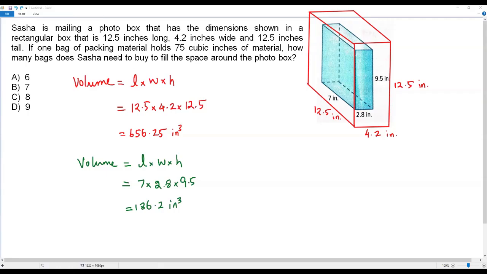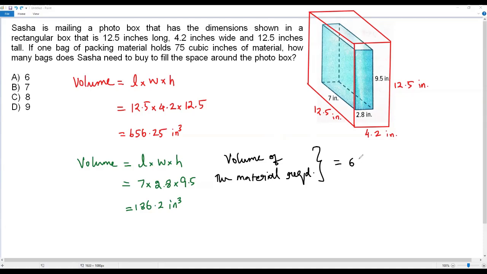Now we have to find the volume of the material required. The volume of material to be filled in the space between the photo box and the rectangular box in which it is packed is found by subtracting the volume of the photo box from the volume of the rectangular box.